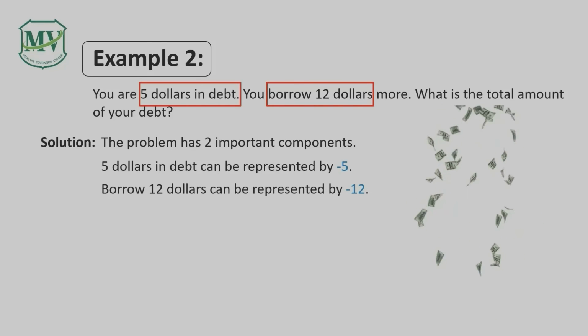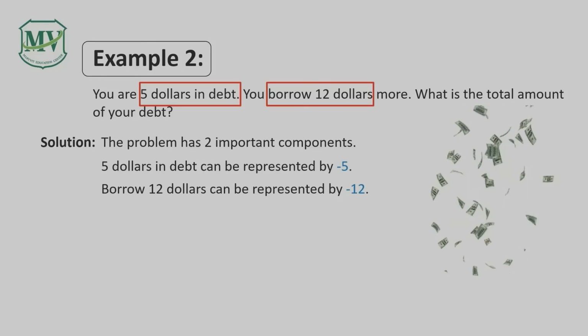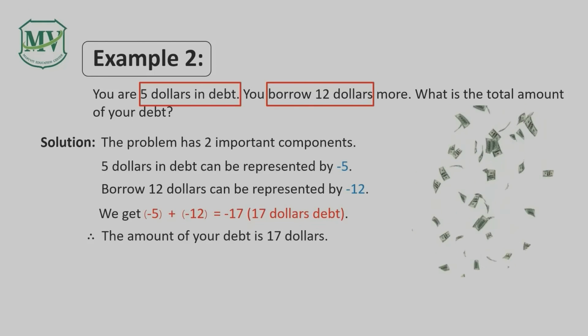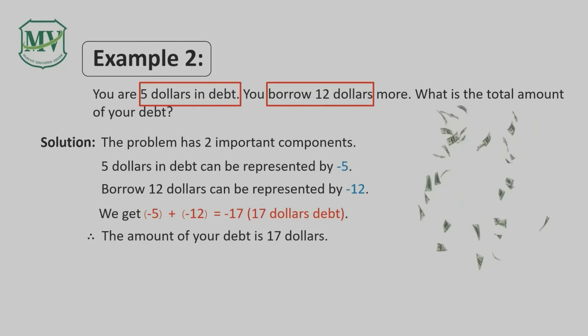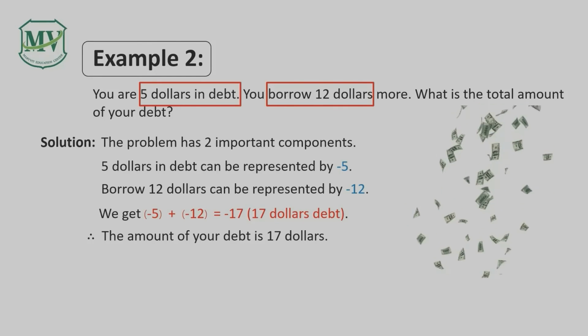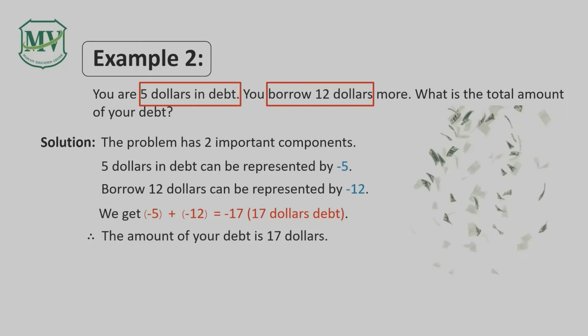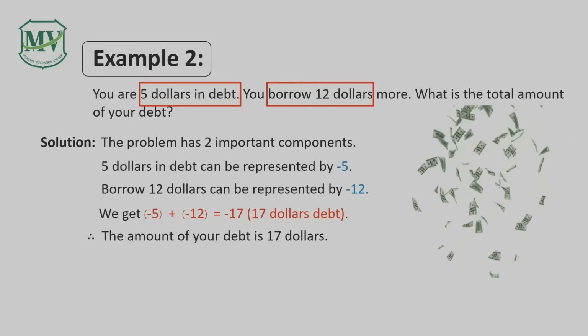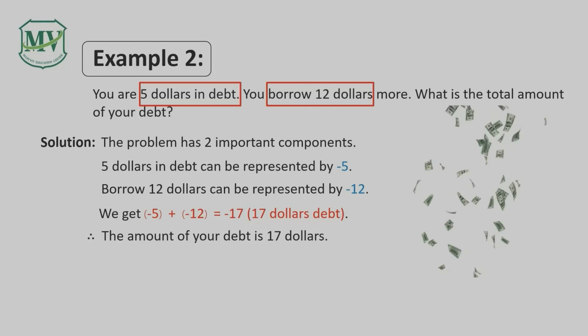Borrow $12 can be represented by negative 12. We get negative 5 plus negative 12 equals negative 17, which means a $17 debt. For the final answer, the amount of your debt is $17.